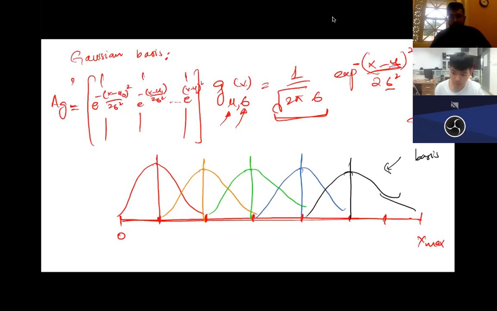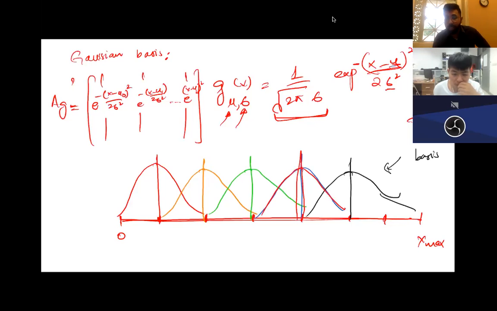Any other questions? Why do you use Gaussian functions? You don't have to use Gaussian functions. You can use any functions. The thing is, we want to have some basis functions, and this is one basis function which is nice. What is the benefit of using Gaussian bases? Well, one thing is that Gaussian bases are spatially limited. So you can see that the kth base is active around a certain point.